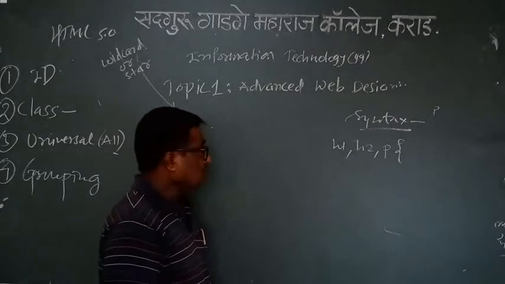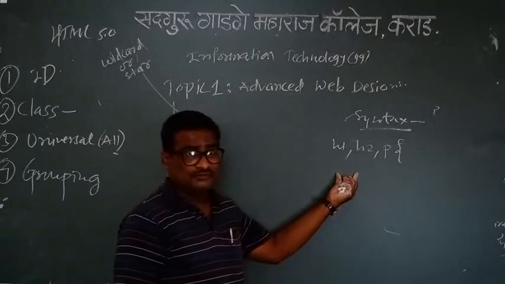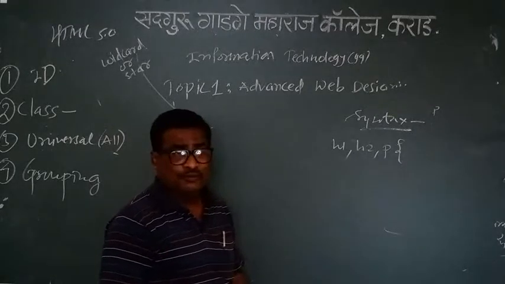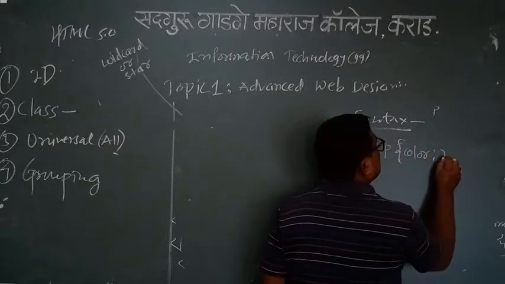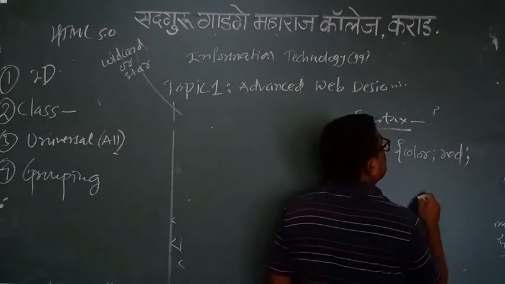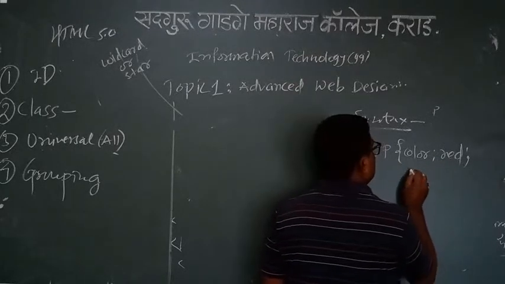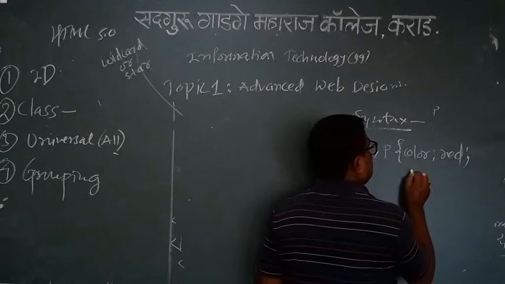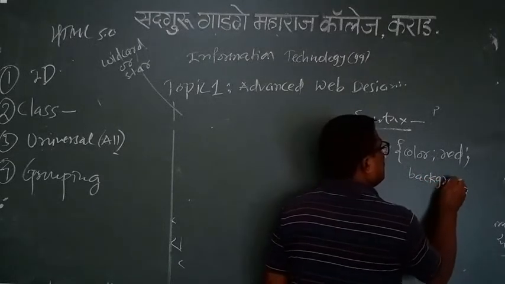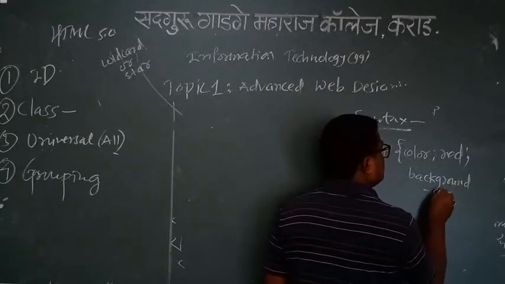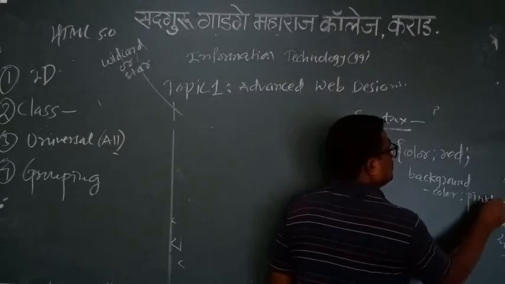See here, I take here three tags in a group, and then after that properties and values, the color red, property first, value first, then text color, background color, background color pink and semicolon.